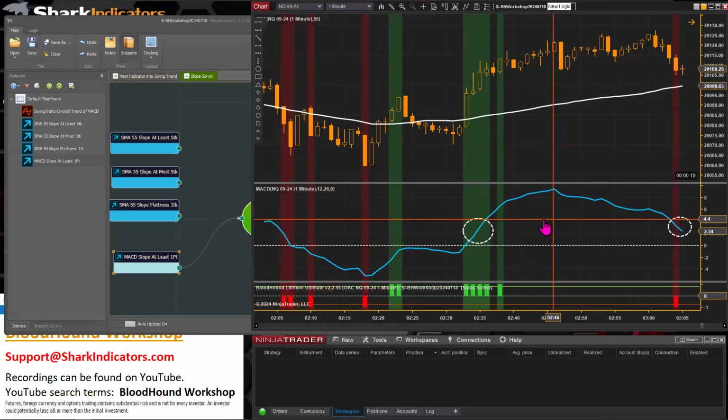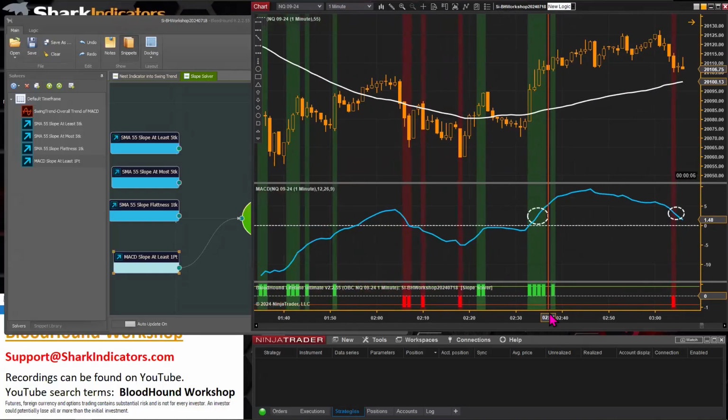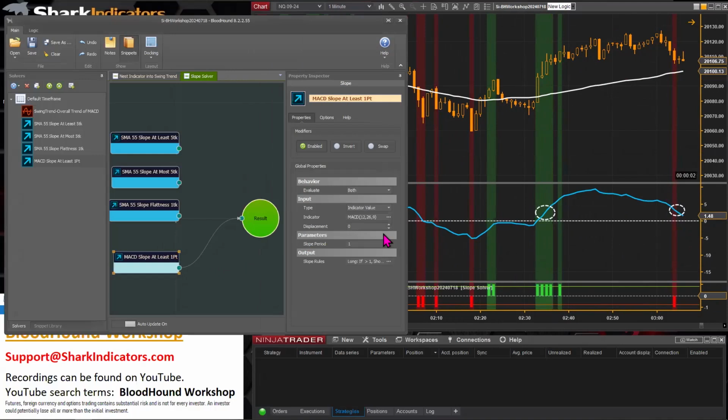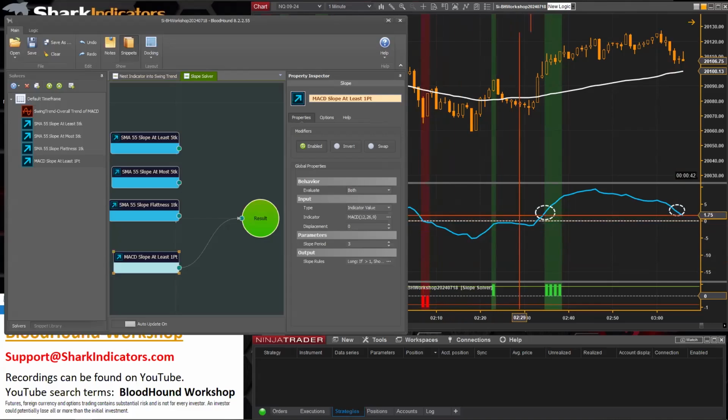So let's switch to a 2 period of the MACD. Essentially it's taking the MACD and smoothing it with a 2 period SMA. Let's go to 3, and so on and so forth. Obviously we can see the output's going to adjust there. Let's go to a 5 period.